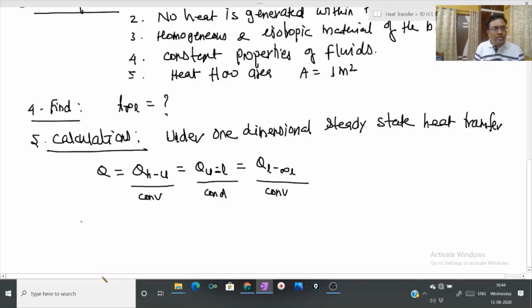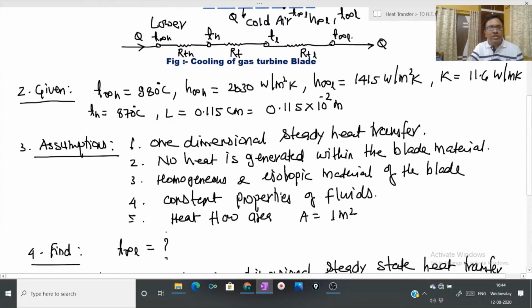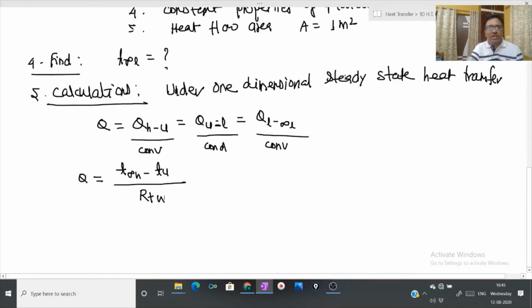Now let us write down the rate of heat transfer equations. So from Newton's law of cooling, I can write this as T infinity H minus Tu over RTH. I have represented convective thermal resistance offered by hot gas as RTH.